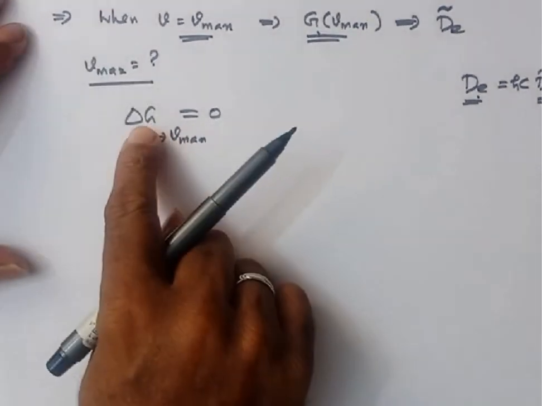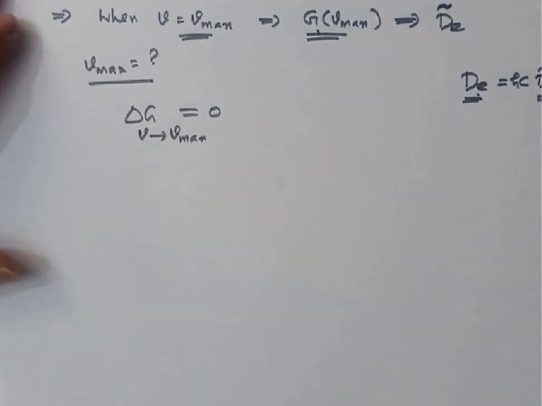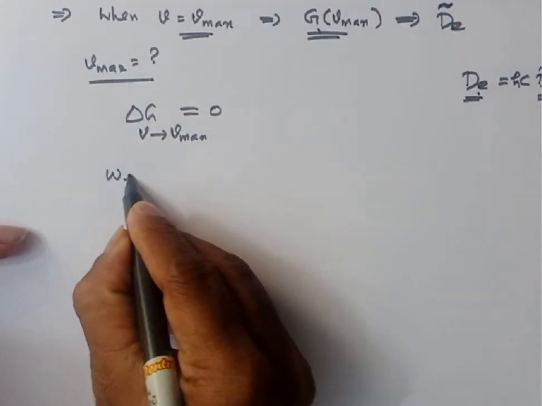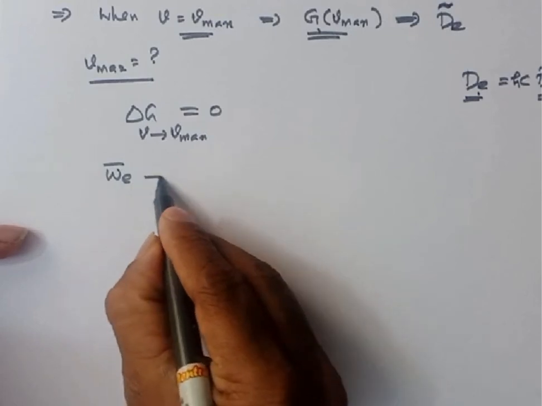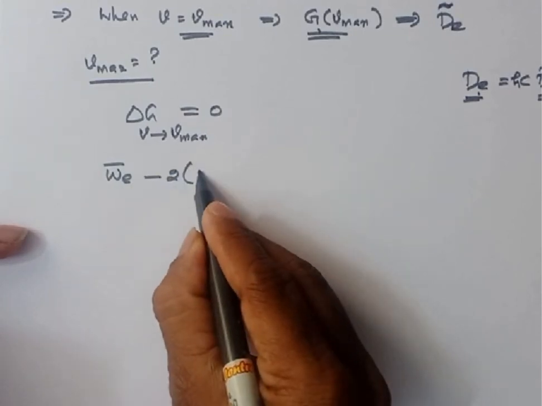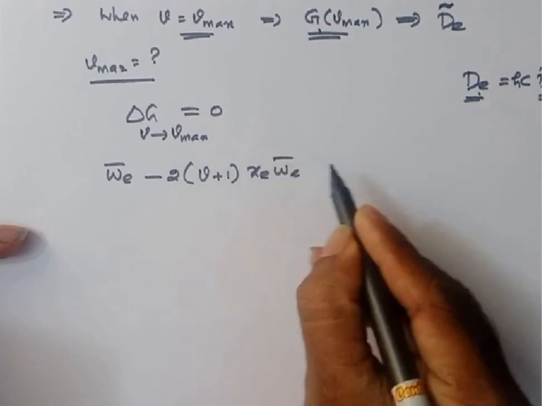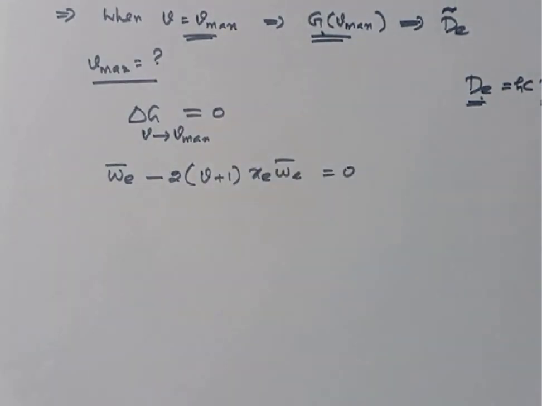What is the general expression for delta G? We derived it. Delta G equals omega E bar minus 2 into V plus 1 into XE omega E bar. We derived it, right? Yes, this is the general expression for delta G.